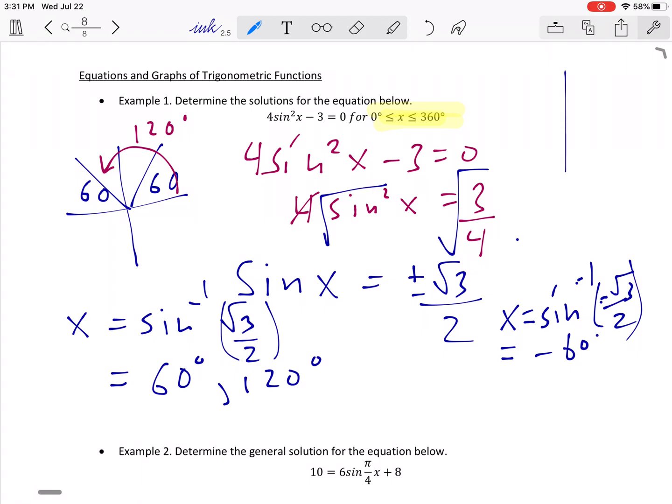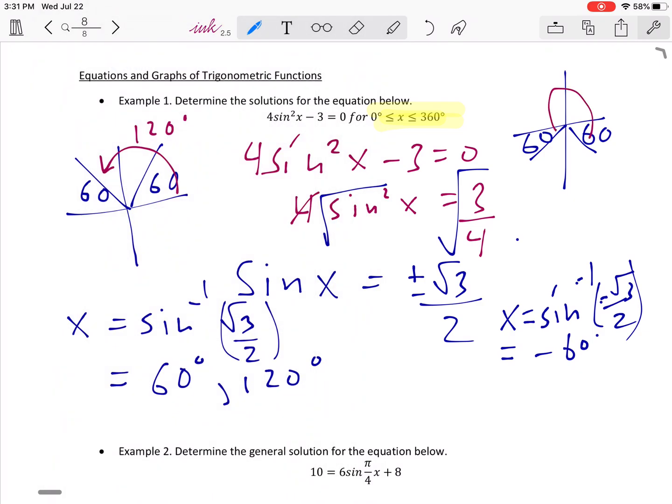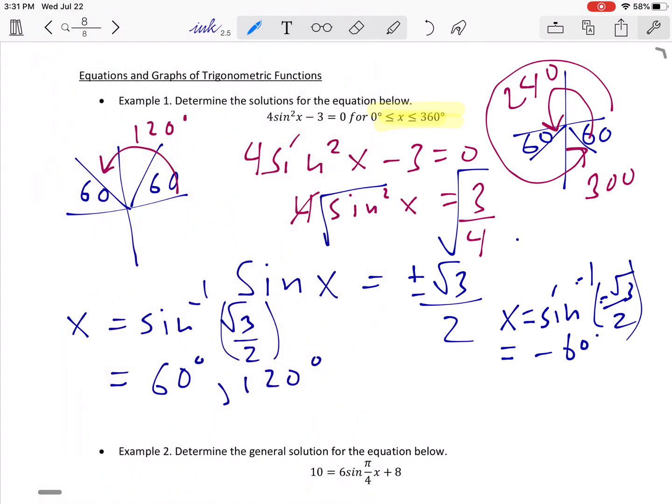If we make another drawing here, negative 60 can be on the left side or the right side. That's going to give you two angles, one is going to be 240, and the other one's going to be 300. So you're going to get answers of 60, 120, 240, and 300.